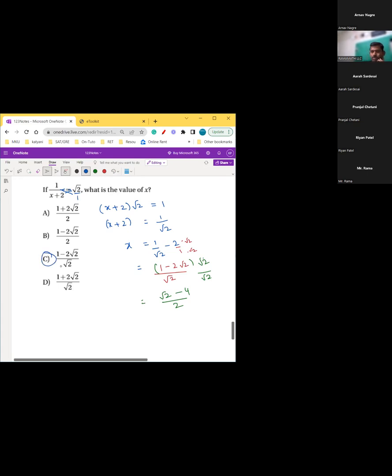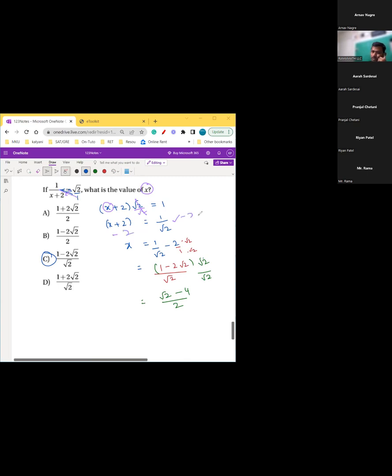Good to go. So let's do a quick explanation here in case you have a little trouble with this. What I did is I cross multiplied and I got this whole thing here. Since I was solving for x, I don't need the rest of them. So I divided by radical 2 on both sides. Cost is out, I got this. And then plus 2, I take away 2 on both sides.